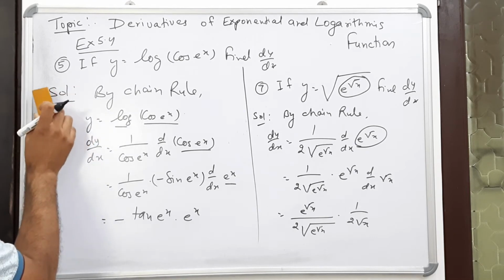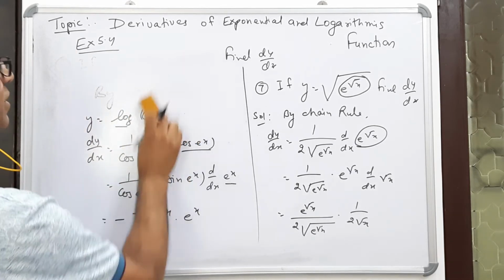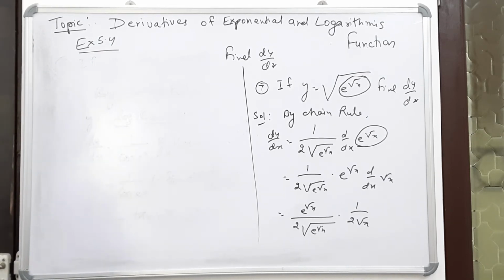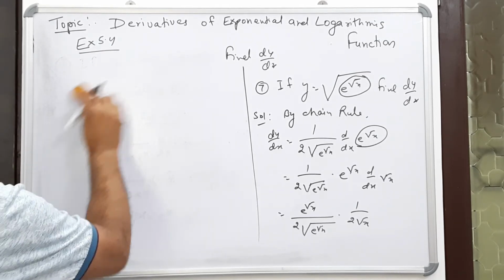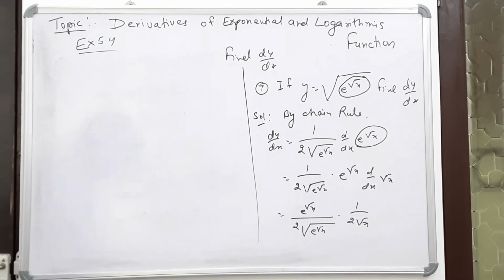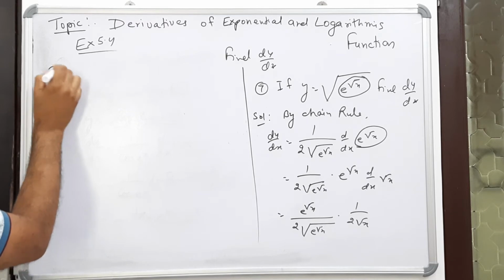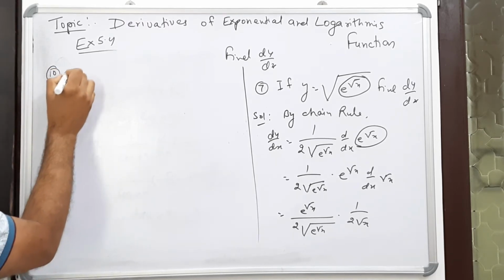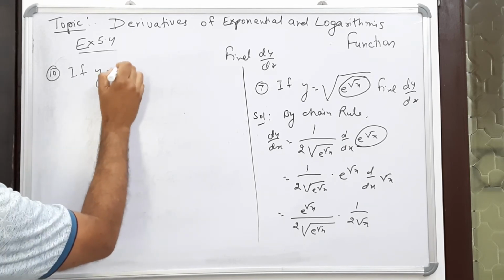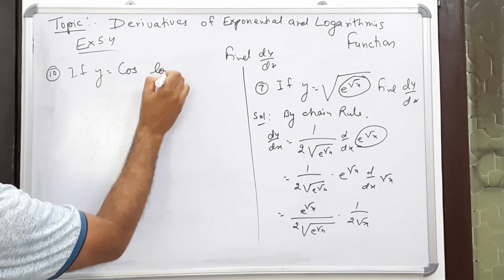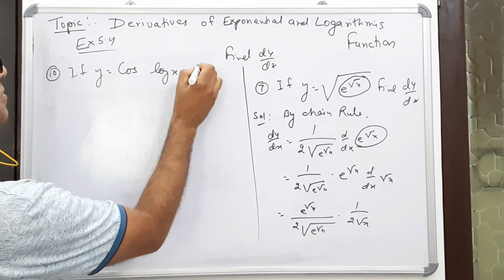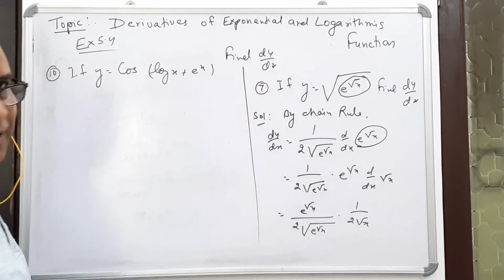I am taking one more sum. Please see. This is problem number 10 from the exercise, and the problem is, if y equals cos of log x plus e power x, then find dy by dx.